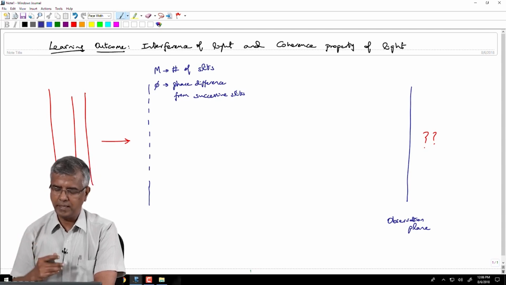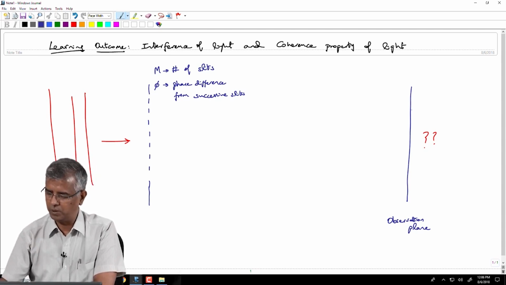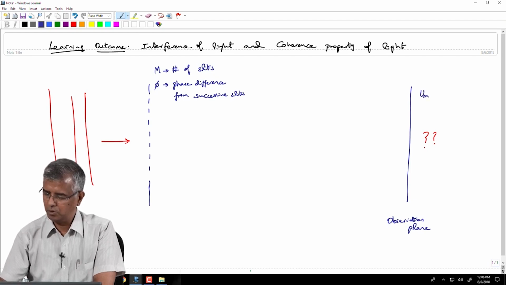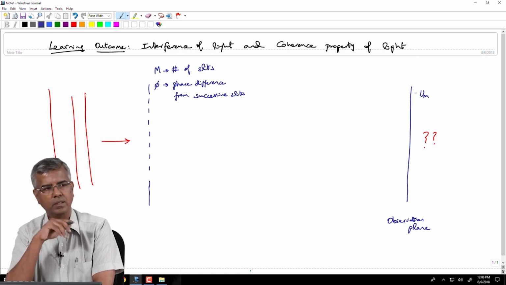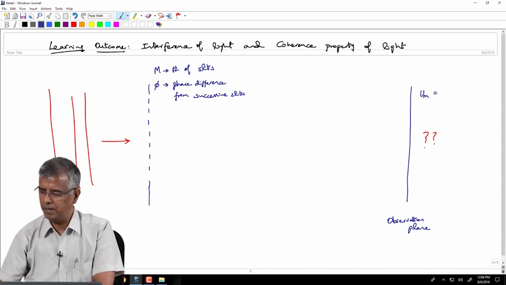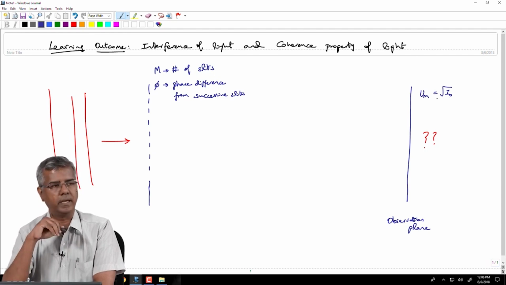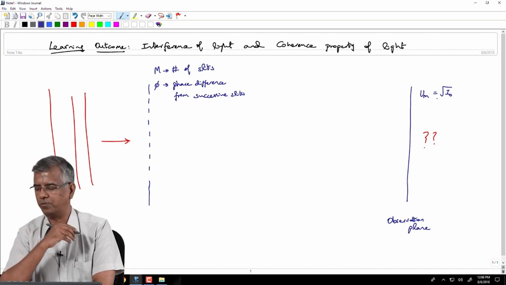Okay. Then if you look at any of these fields over here, any of those waves coming from one of these slits can be written as, let us say the intensity of each of those wavelets is I naught. So, the amplitude corresponds to root of I naught.